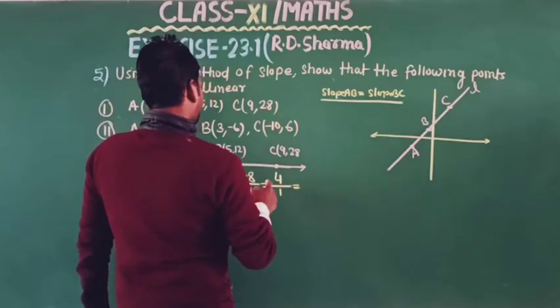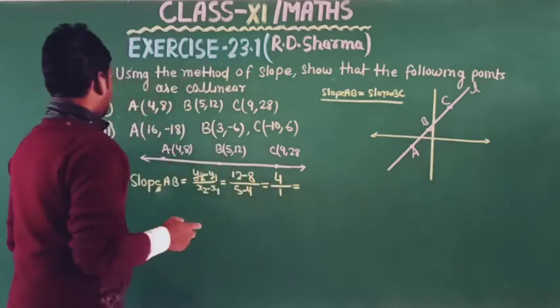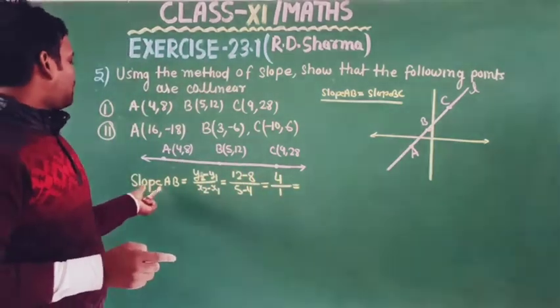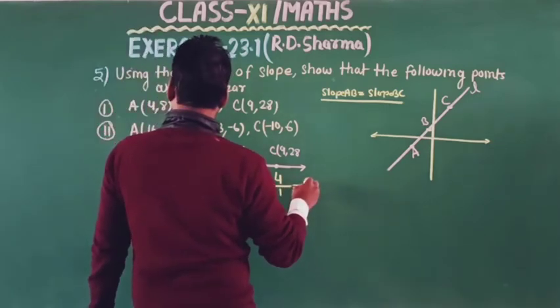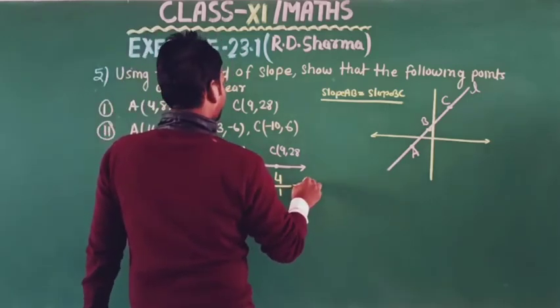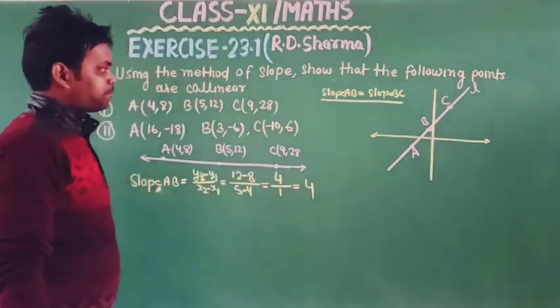So overall we will get the slope of AB equal to 4.